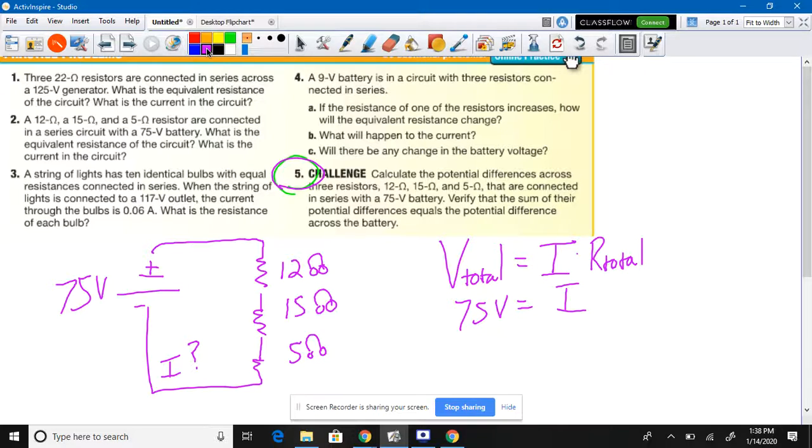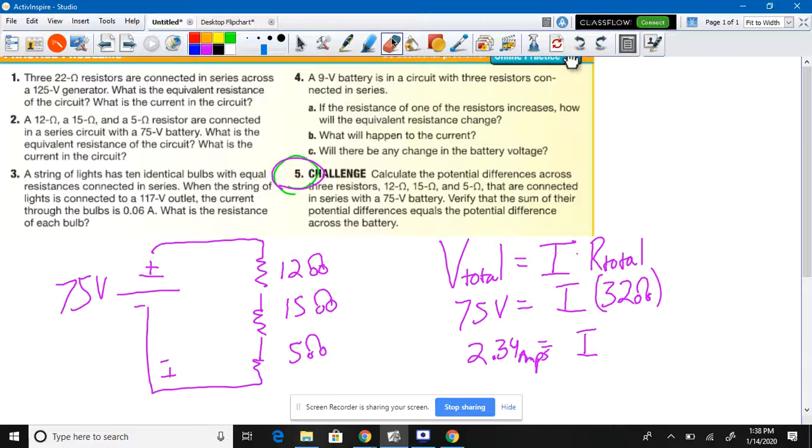You got to add those up. 32 ohms. 75 divided by 32 gives you the current for each one of those. Okay, 2.34 amps.